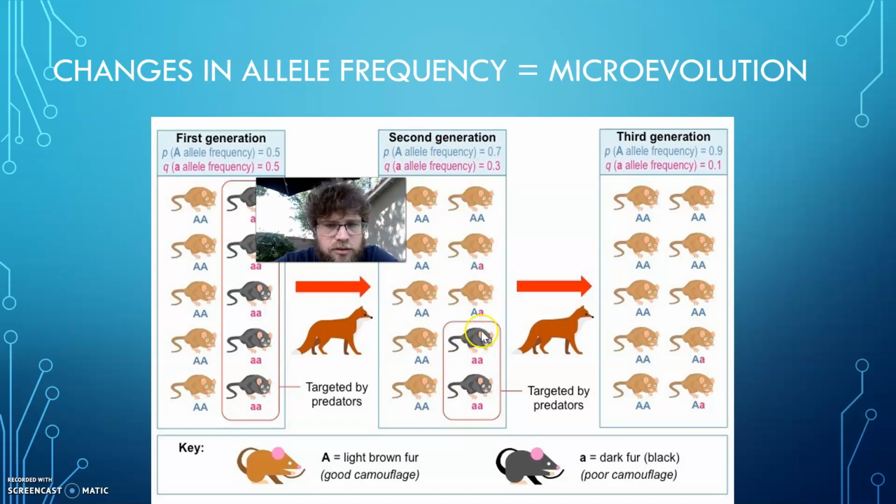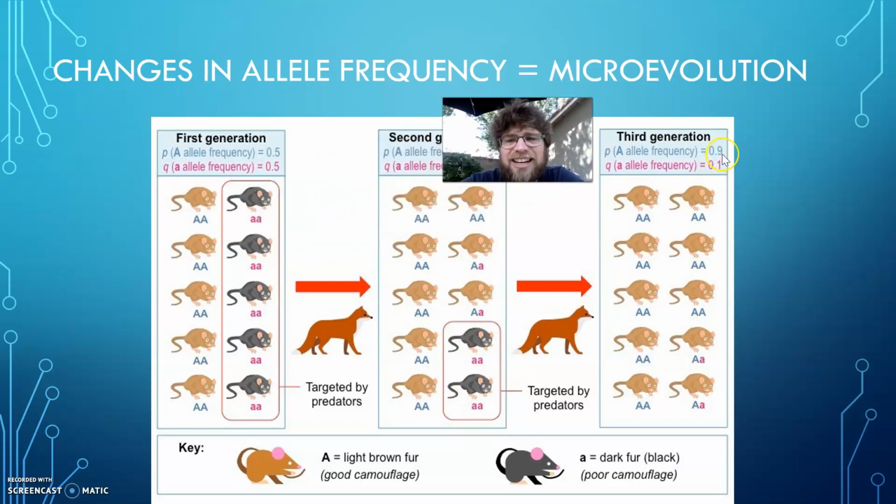Something else you notice is that 2 of these guys are heterozygous. So this lowercase a allele can either be in heterozygous mice or homozygous recessive mice. And a third generation happens, and you now have 90% capital A alleles and just 10% of the lowercase a allele.